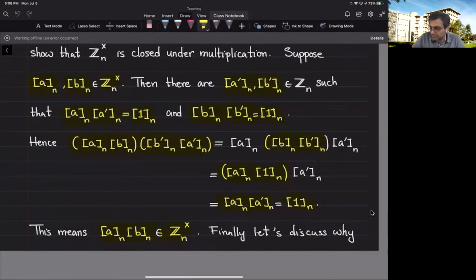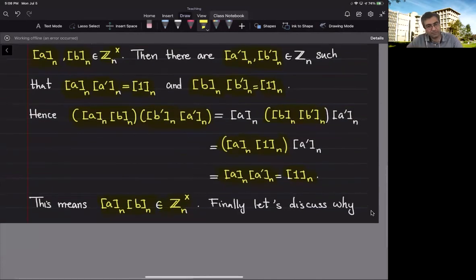So the first term times the residue class of 1 gives me the residue class of A, and the way that we chose A prime, this product itself is the residue class of 1. So altogether, we get that the product of these two residue classes is still a unit. That means under multiplication, the set of units is closed.